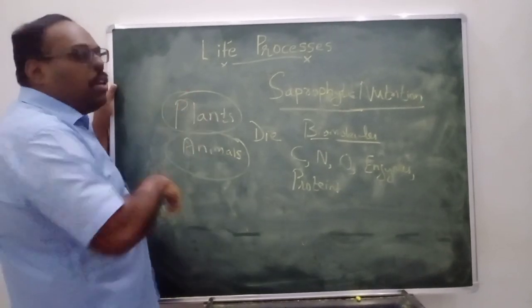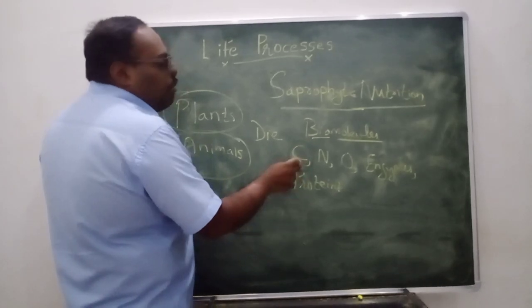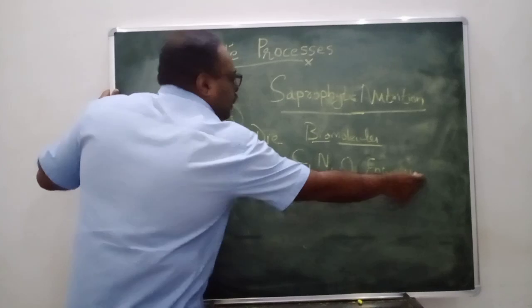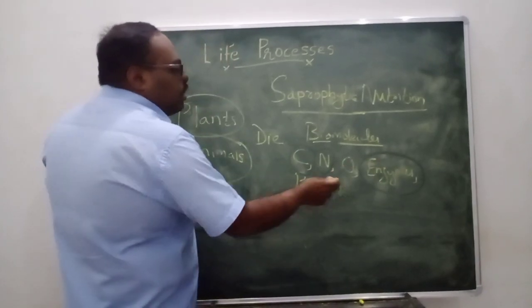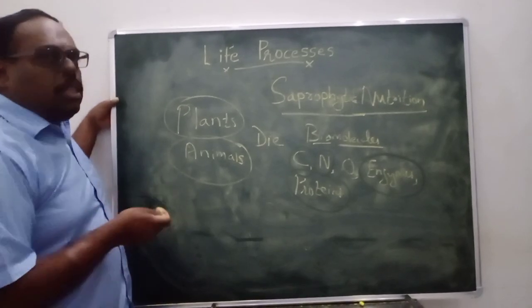When they feed on them, automatically they will get some of this carbon, some of this nitrogen, some products from these enzymes, some products from these proteins. So they all have biomolecules inside.